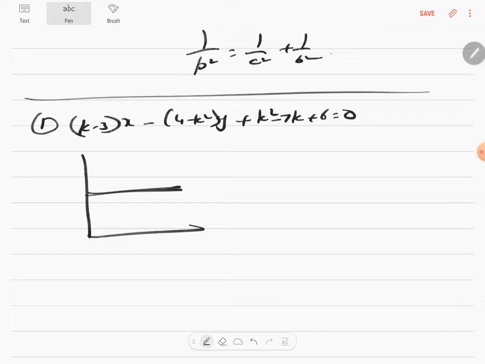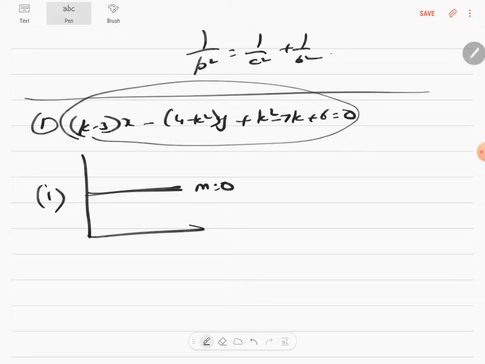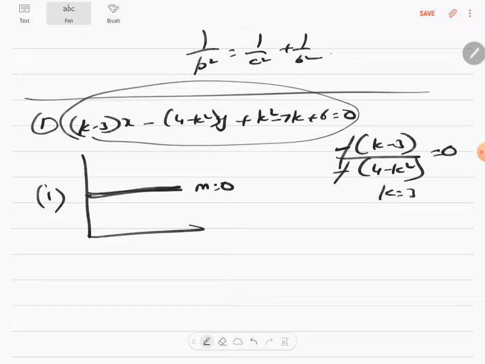That's the question. If the line is parallel to x-axis, you know the slope is 0. And what is the slope of this line? Ax plus by plus c is equal to 0, slope is minus a by b. So minus of k minus 3 by minus of 4 minus k square. Minus minus get cancelled. But you know that if it's parallel to x-axis, slope itself is 0. So k is equal to 3.